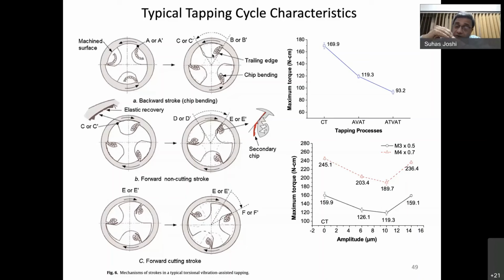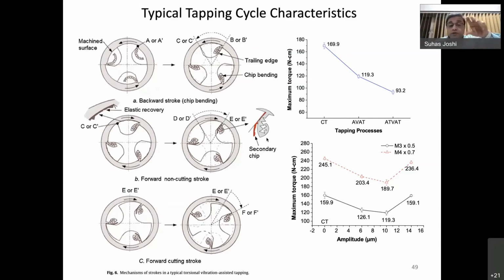The body material comes and grips it, but you are coming out and then you are removing the sprung back material again. So initially a big chip is formed, but when you go back and come back again, the sprung back material is also removed because of the second movement in the forward direction.